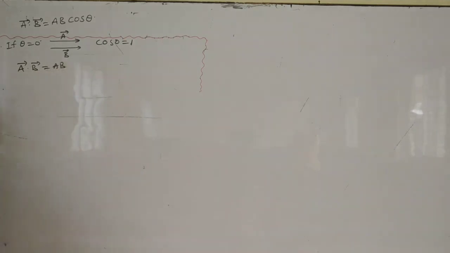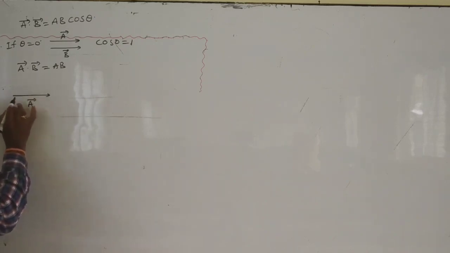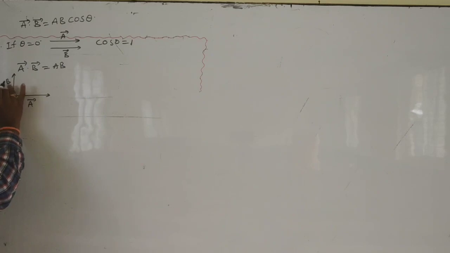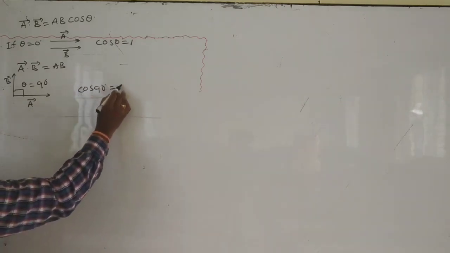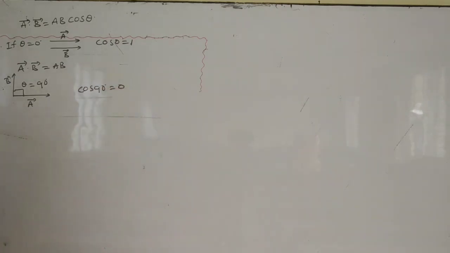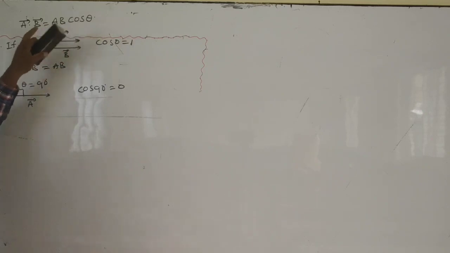Fourth, suppose two vectors are perpendicular to each other, then what is the theta value? 90 degrees. Then what happened? Cos 90 is 0, here you substitute 0, this becomes 0.